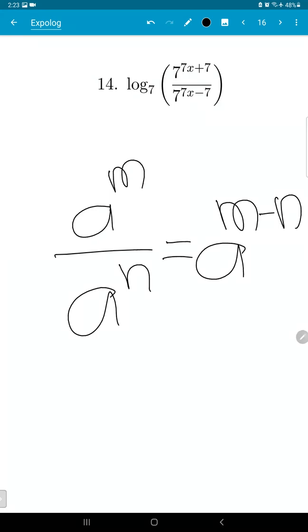How will the inside look like now? It is 7 raised to? Anyone? Yes, 7 raised to 40. The answer.